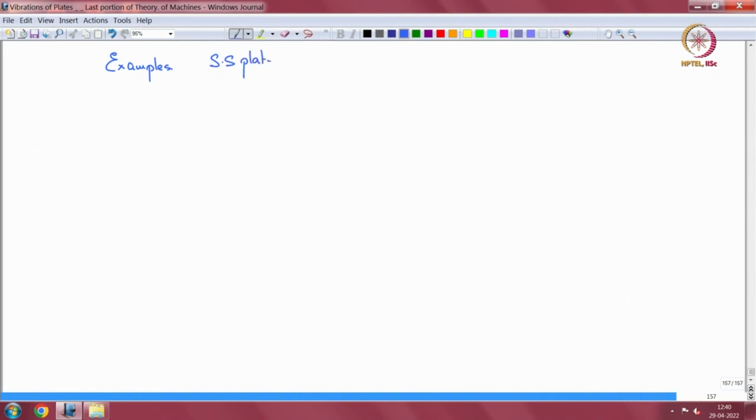The method is the same for any other as long as you know the mode shape and resonance frequencies. So I have a rectangular plate, simply supported on the edge all over.